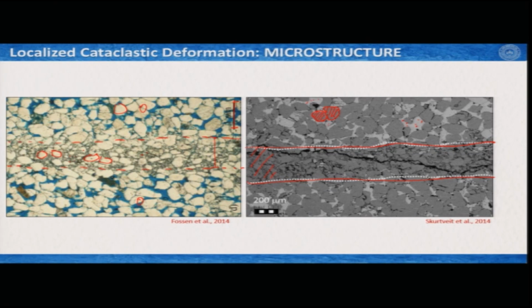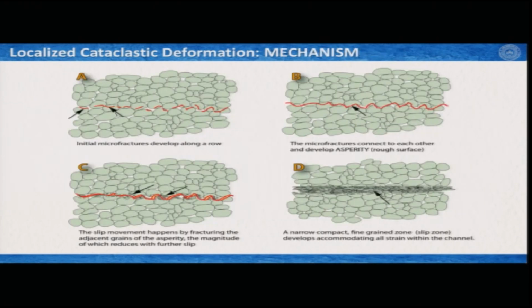The cements are almost absent in this area. We also see a very typical fracture or opening along this. So, these are all characteristics of localized cataclastic deformation that happens in a very narrow zone, where the grains compact or move past each other by producing fractures within the grains, and they just compact together.